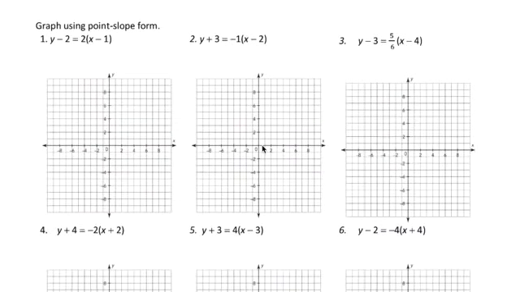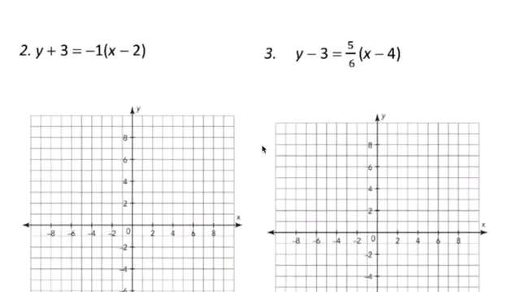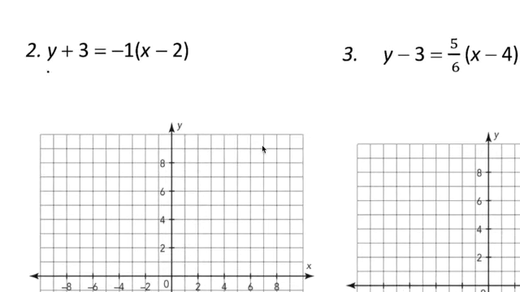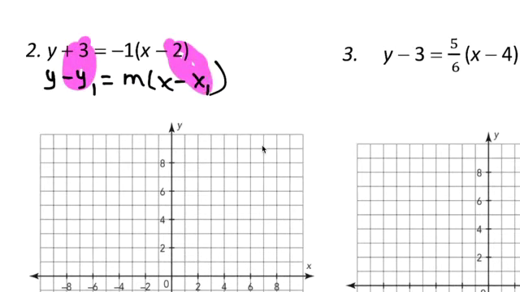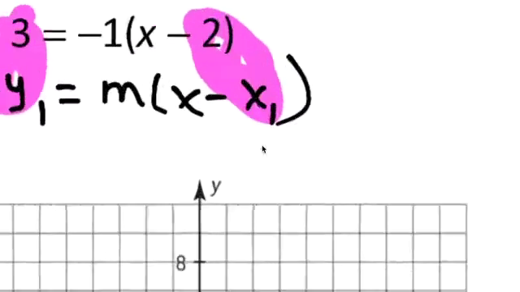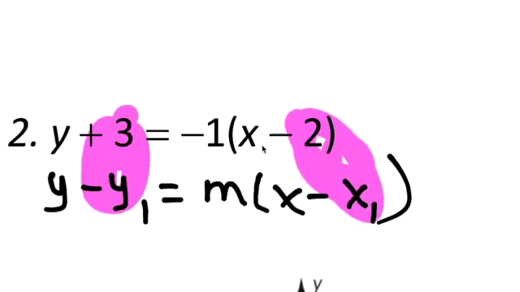Graph using point slope. Okay, hopefully I did 1, 2, and 3 in class, or probably 1 and 4. So remember, the point slope is y minus y sub 1 equals m parentheses x minus x sub 1. So my one point is this and in this. Okay, the formula is a minus to get a positive. That's a negative 3.